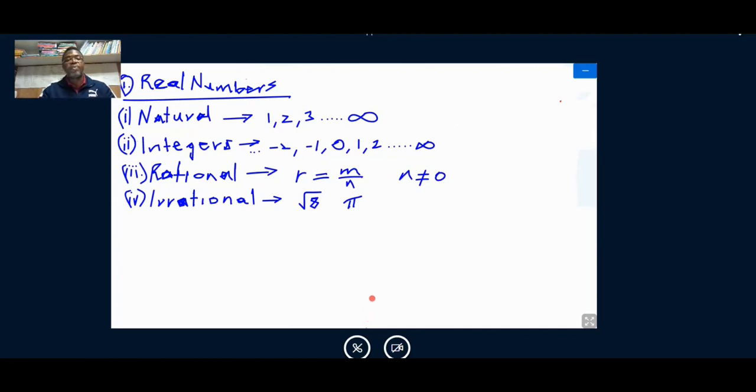Algebra, you find it everywhere. When you're doing your functions, your graphs, you find it. When you do your geometry, you find algebra. When you do your trigonometry, you'll find algebra. You'll find algebra everywhere. So it's important that you have the fundamentals.